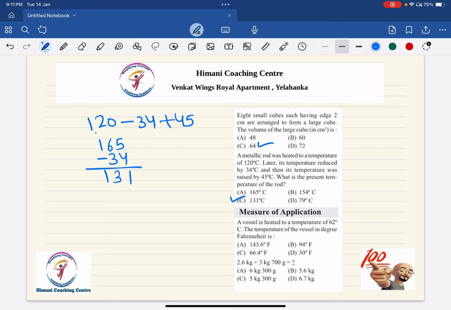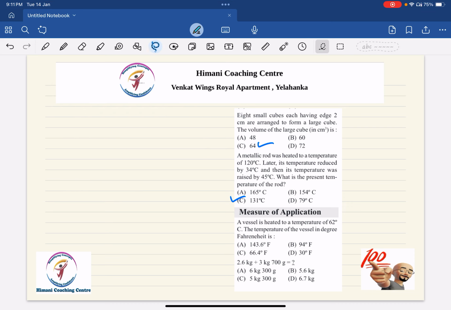Okay, we have to find the temperature of the vessel in degree Fahrenheit. So sometimes they give you the formula in the exam, but otherwise you are supposed to know the formula. So what is the conversion formula? If I want to know the temperature in Fahrenheit, it is equal to 9 by 5 C plus 32.